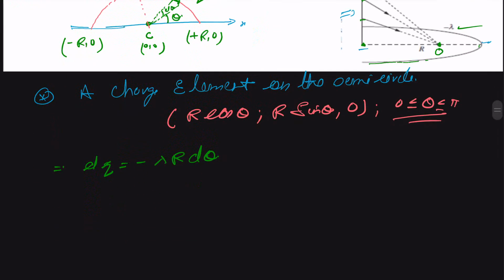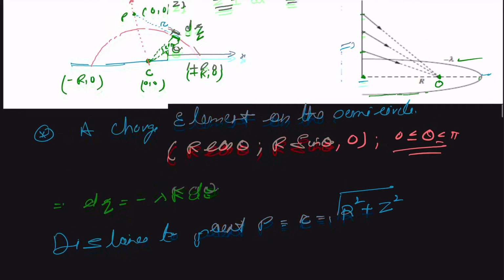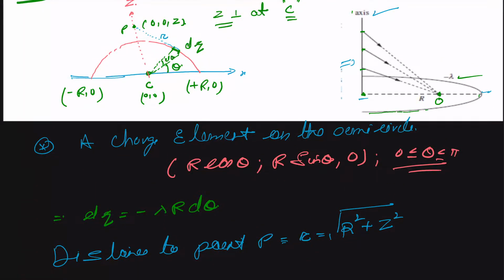Therefore the distance to point P, that is r, will be equal to the square root of r square plus z square. This is more clear from this.